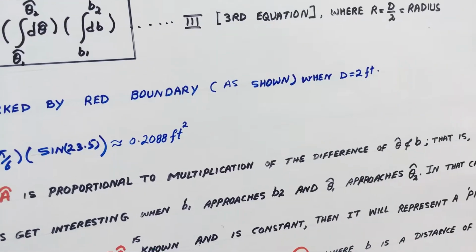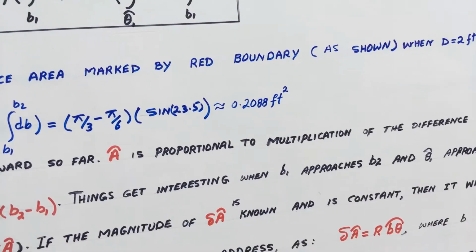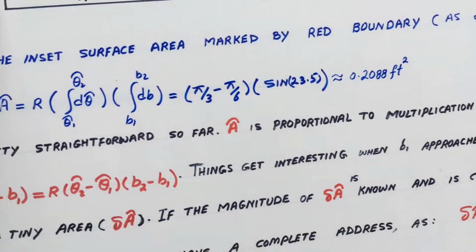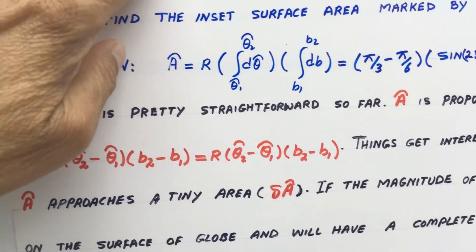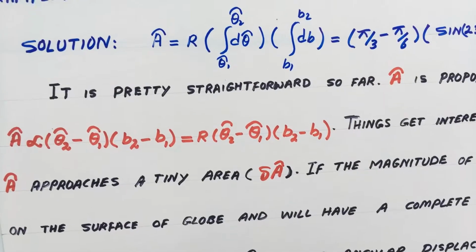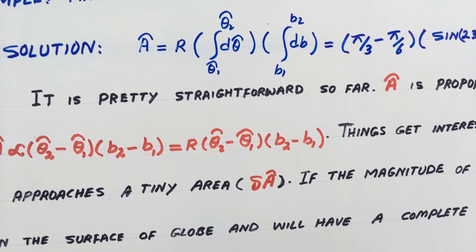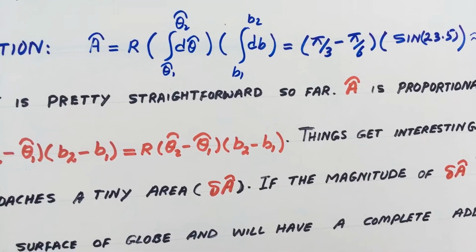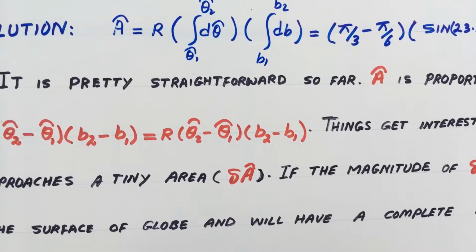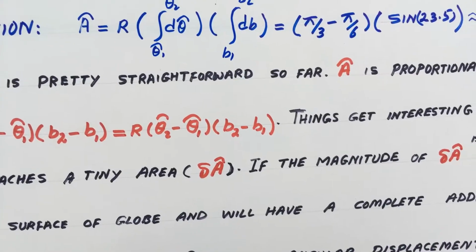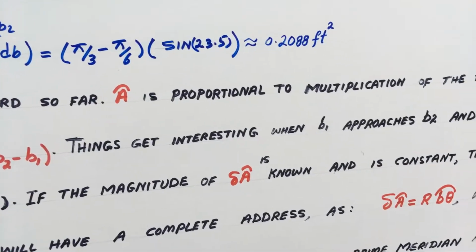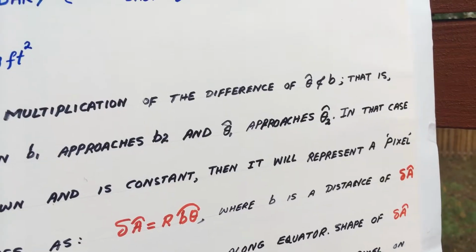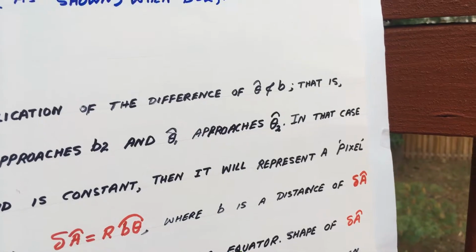That means Â is proportional to θ̂₂ minus θ̂₁ times B2 minus B1, where the constant of proportionality is R. Things get interesting when B1 approaches B2 and θ̂₁ approaches θ̂₂.